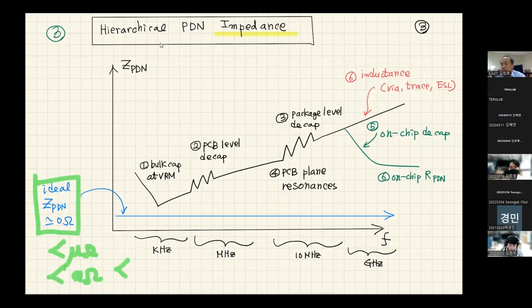For some chips, it should probably be less than milli ohm. As I mentioned in the previous slide, 50 ohm is a very easy number. That is very close to the nature of interconnection, but this is against the nature of being extremely small.